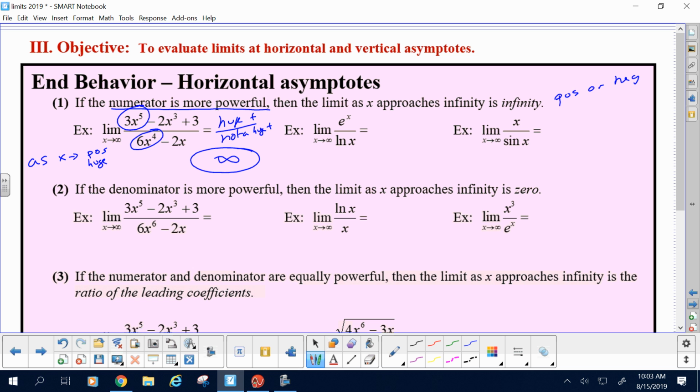What about e to the x in natural logarithms? Which is more powerful? E to the x. If you're a visual person, how does a graph of those two functions help you make that call? What does e to the x look like? That. And what does natural log look like?